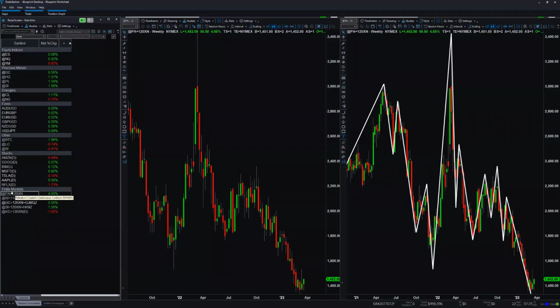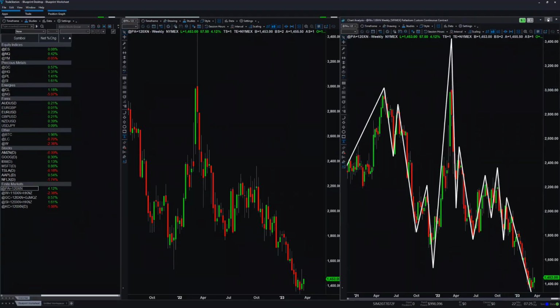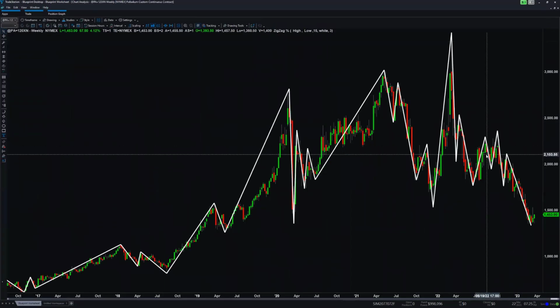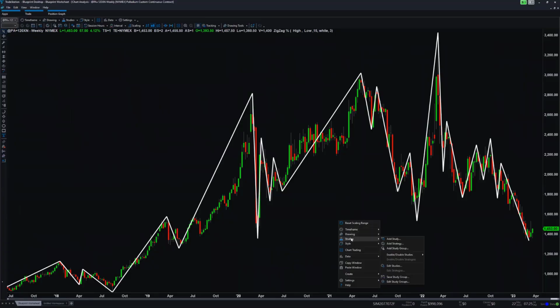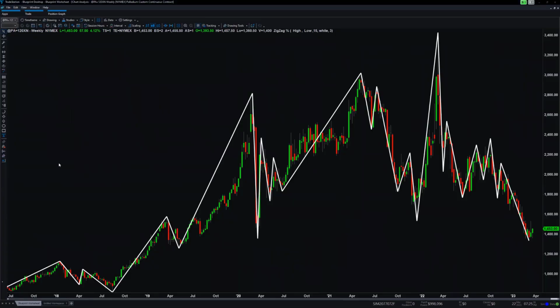Well, we could look at palladium. So here's the symbol for palladium. And I would then go to add study.